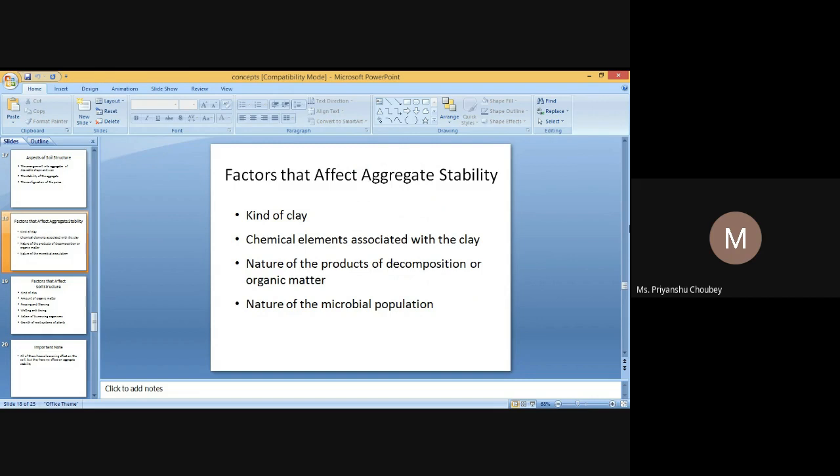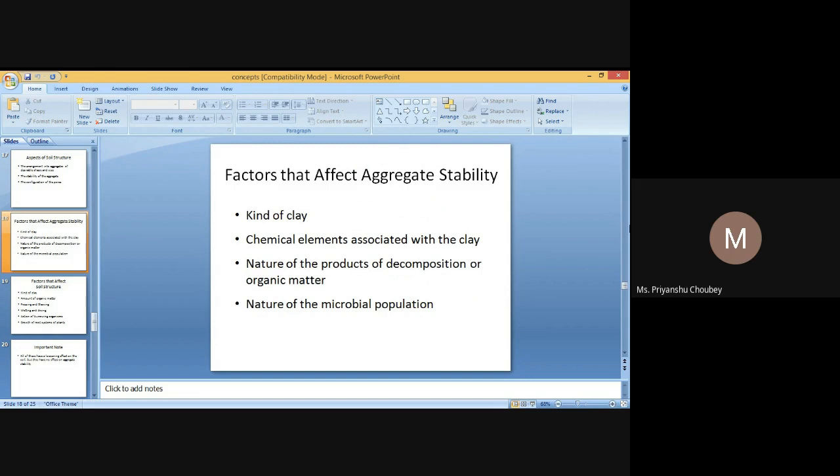Leaching occurs wherever rainfall exceeds evaporation and there is a free downward movement of water through the soil pore system. Soluble minerals are removed from the soil profile.